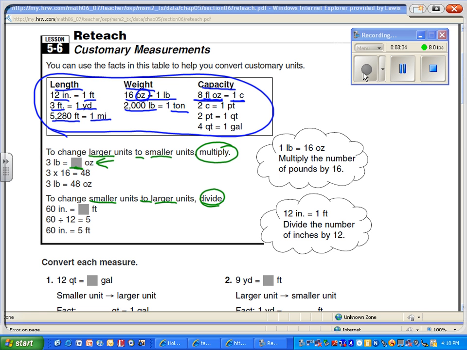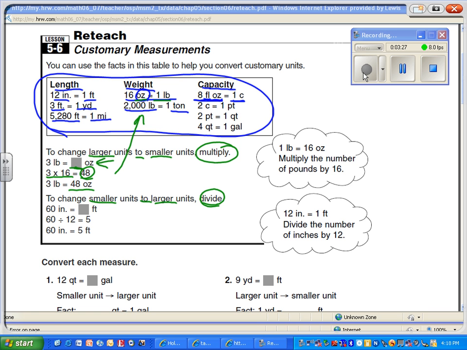So let's keep that in mind. Now, 3 pounds equals how many ounces? Well, we go back up to our weight where it says 16 ounces equal a pound. So 3 pounds is going to be 3 times 16, which is 48. So that gives us our 48 ounces.